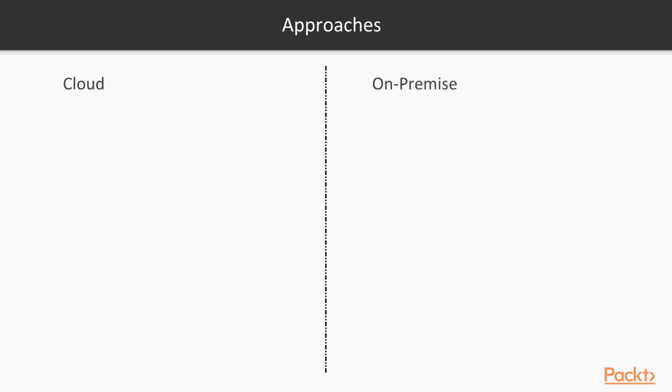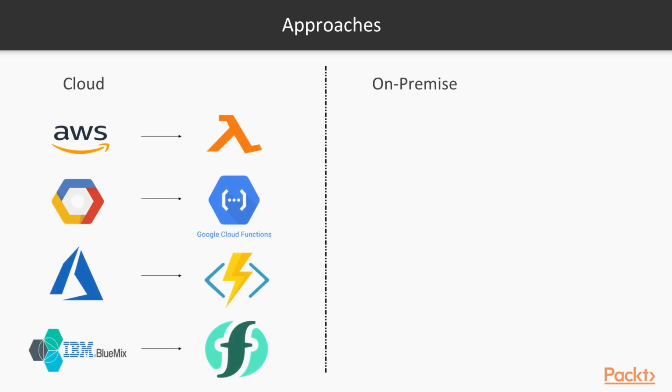There are two main ways to leverage serverless computing for our applications. The first and easiest way is to use services provided by cloud providers. The serverless ecosystem has been developing with fast pace. As a result, you can easily confirm that most of the major public cloud providers have offerings for developing serverless applications.